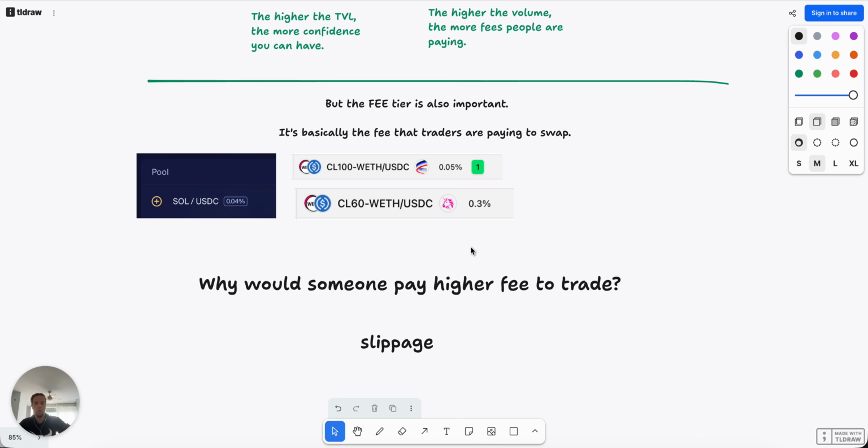You have $2 million in USDC, you want to buy some ETH or Solana. You can have two ways. You can stand in line with everyone and just try to get the best price possible, or you can say, I'm flying business class, I'm going to the premium fee tier pool, I will pay a higher fee, but I will minimize my chances to get higher slippage or to get stuck in a queue or to get any transaction errors.